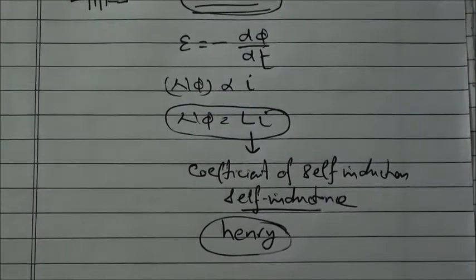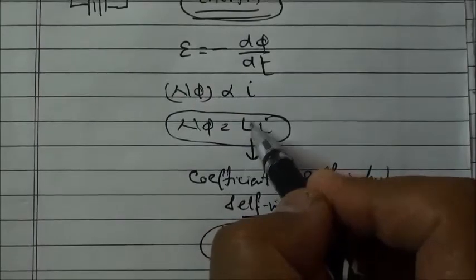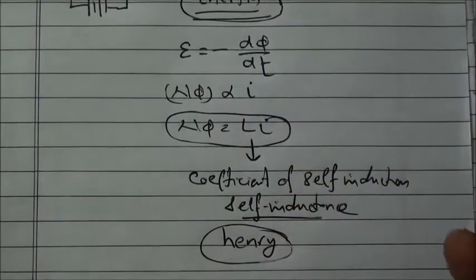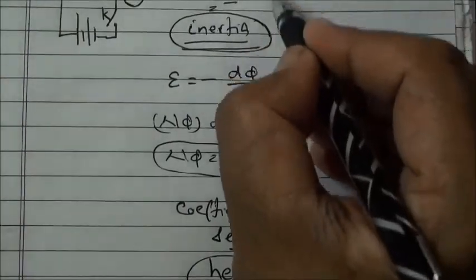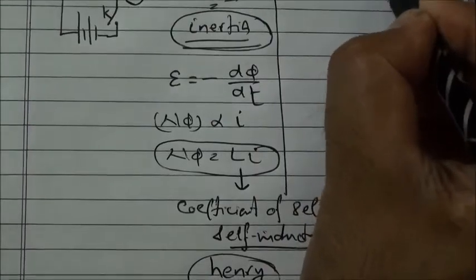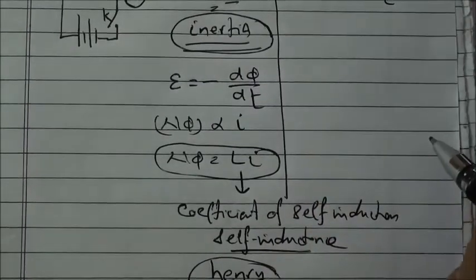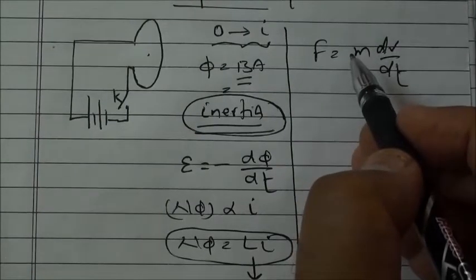Now, we are saying it is electrical inertia. We know the mechanical inertia is measured by, we can recall all those expressions, there is a force, mass into acceleration. Right? Force is mass into acceleration.